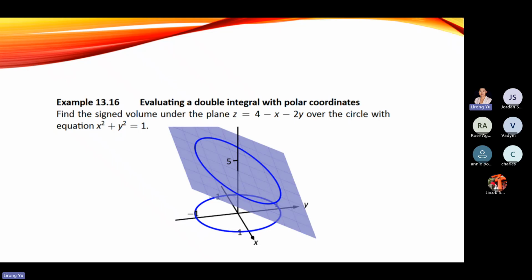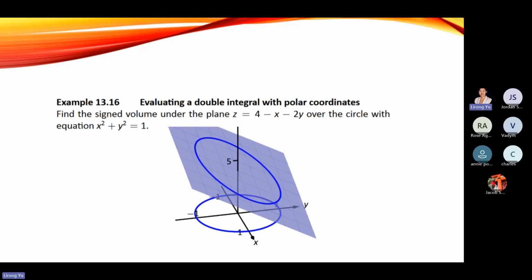So r squared equals 1, because r squared is a common factor and cosine squared theta plus sine squared theta equals 1. So r is positive, r equals 1 is the outer boundary of the region.